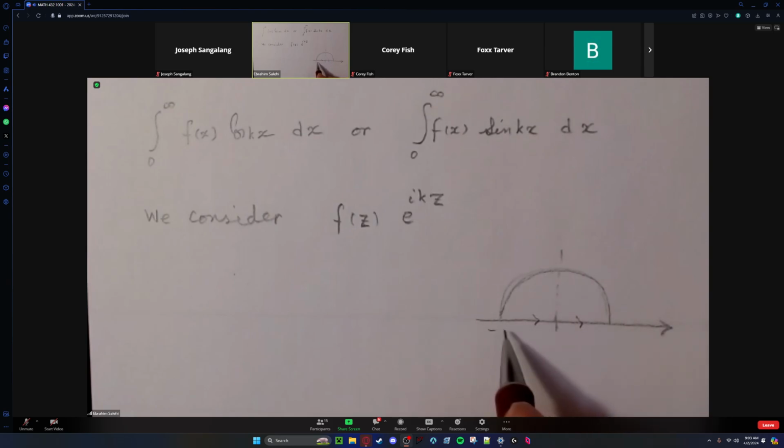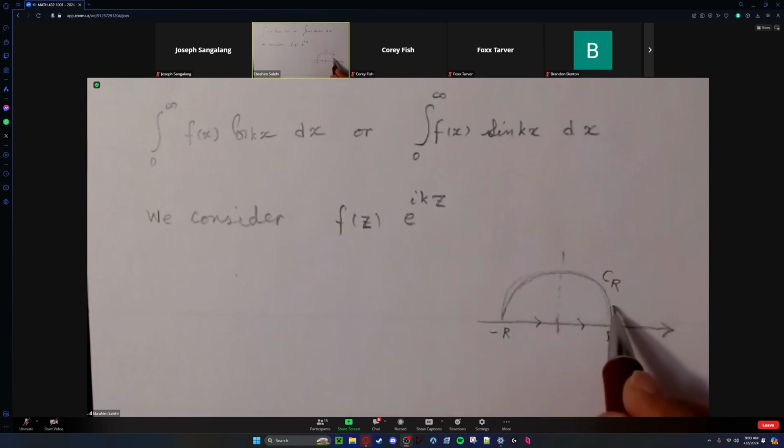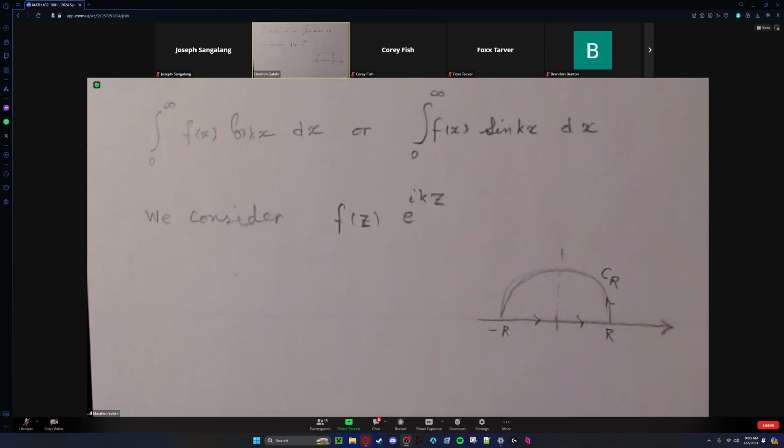Same thing, negative r to r, and here's CR. Counterclockwise. Okay.